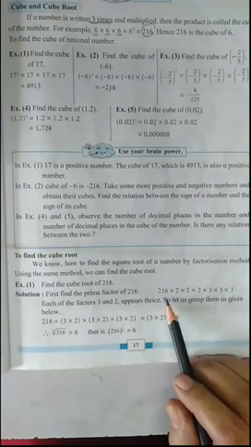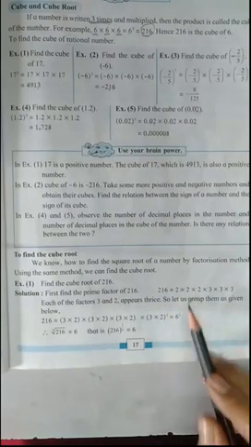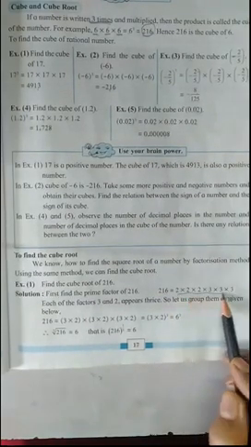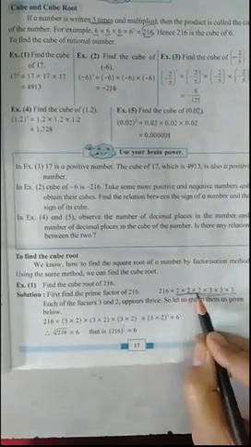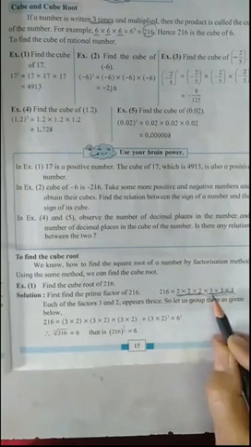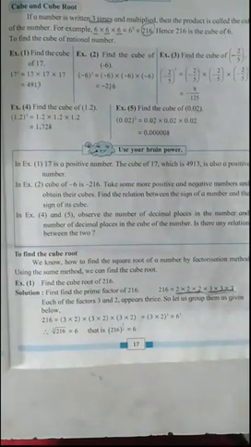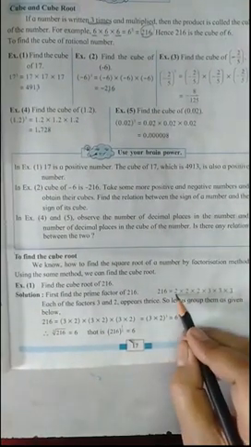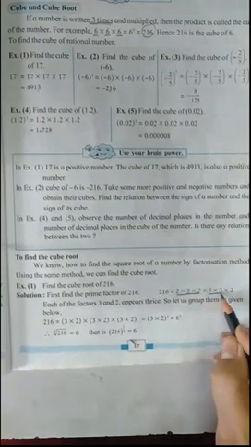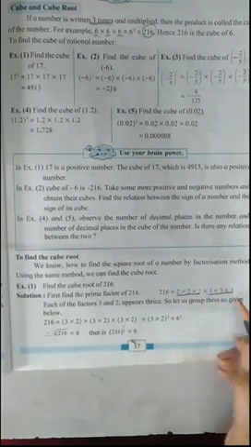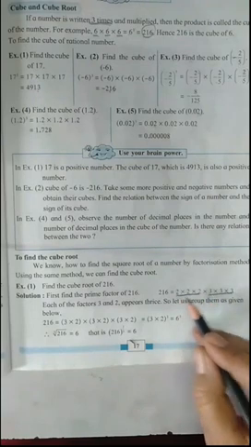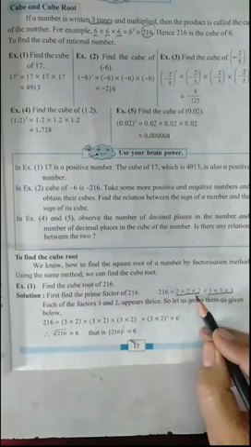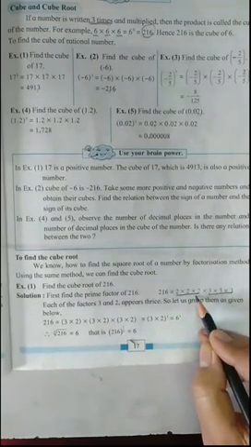How to find out the prime factors? See here. These are the prime factors of 216. So, make the groups of 3 same numbers and take 1 digit from each group. And take the multiplication.